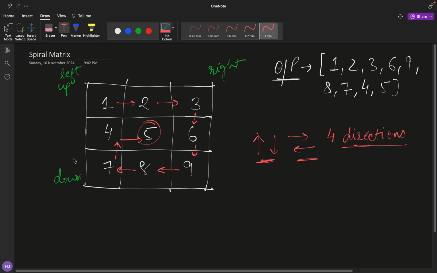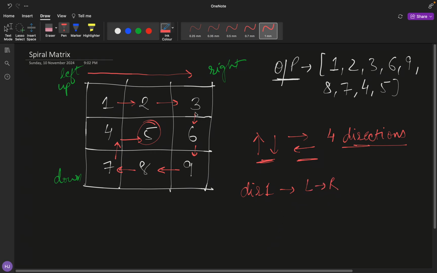So let's just start moving in the matrix right now. Suppose in the first direction, what I am expecting is that I have to move from left to right. So my direction one actually indicates my movement from left to right.